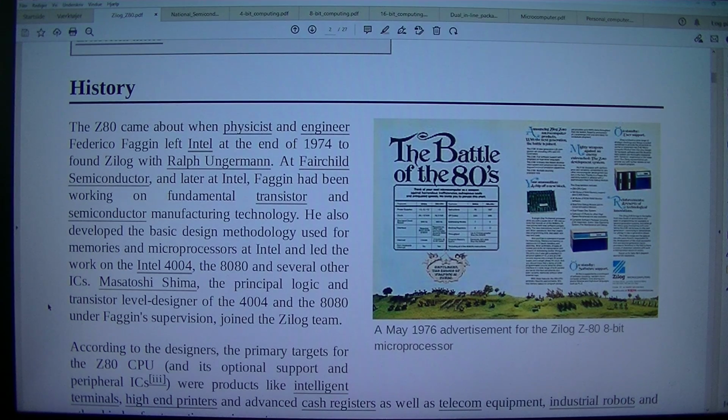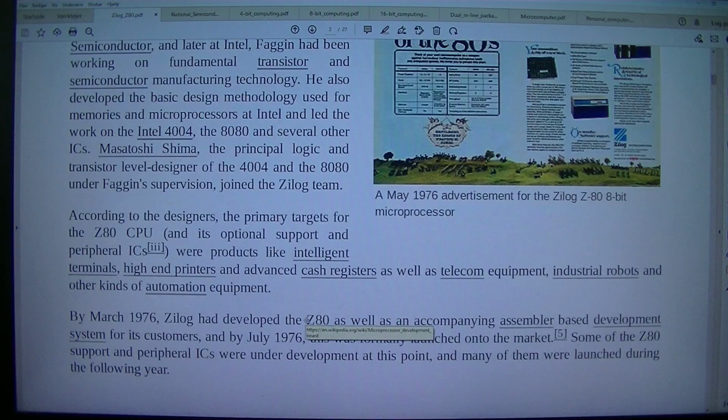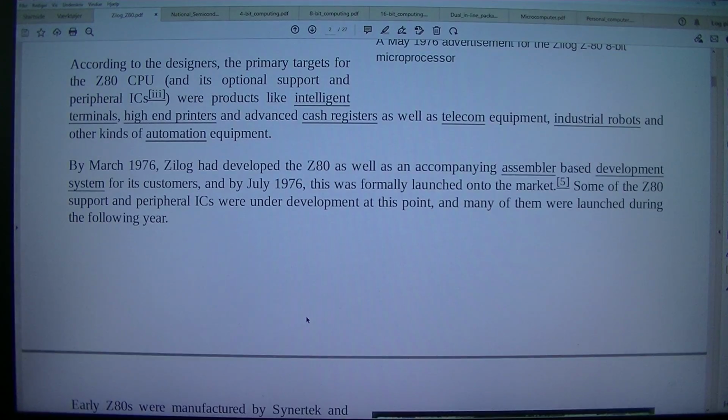Masatoshi Shima, the principal logic and transistor level designer of the 4004 and the 8080 under Faggin's supervision, joined the Zilog team. According to the designers, the primary targets for the Z80 CPU, and its optional support and peripheral ICs, were products like intelligent terminals, high-end printers and advanced cash registers, as well as telecom equipment, industrial robots and other kinds of automation equipment.